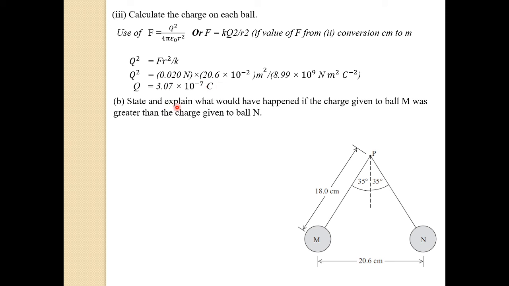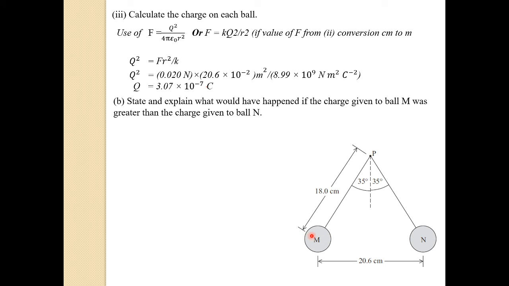Part B: state and explain what would have happened if the charge given to ball M was greater than the charge given to ball N. As you observed earlier in the simulation, when one charge increases, the electrostatic force increases, but it acts in the same manner on both.